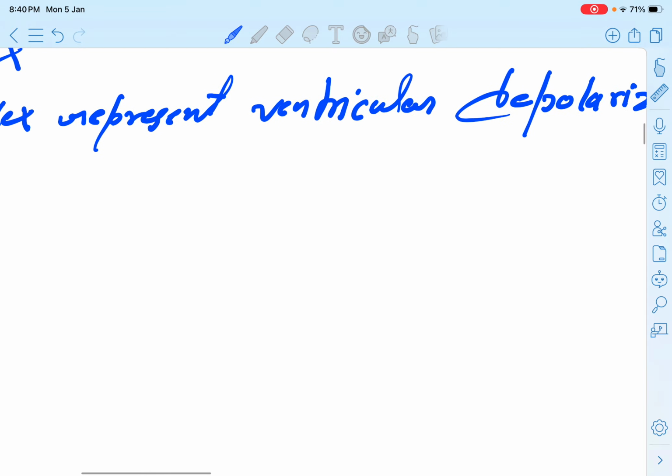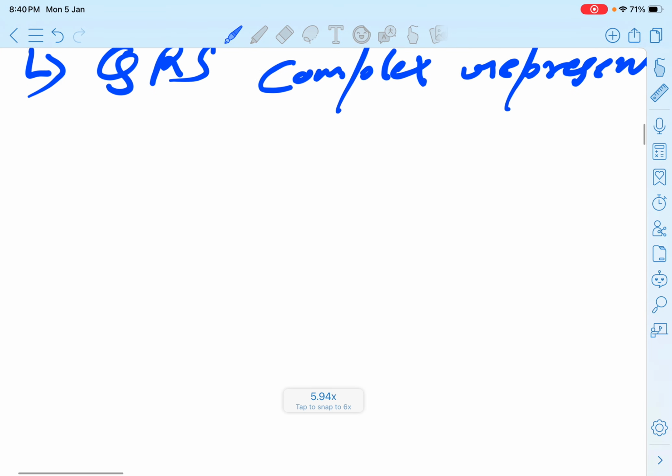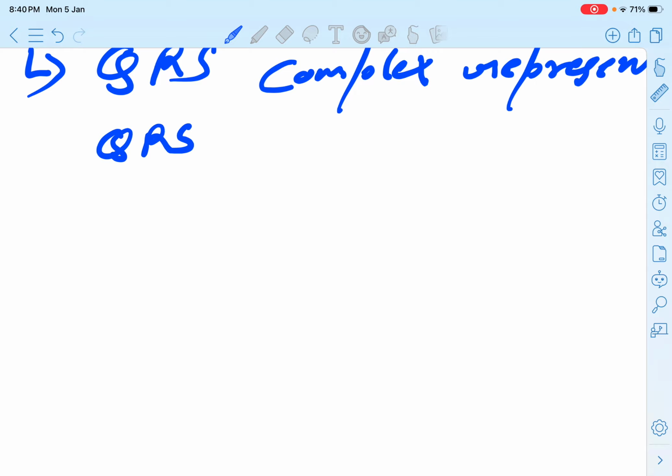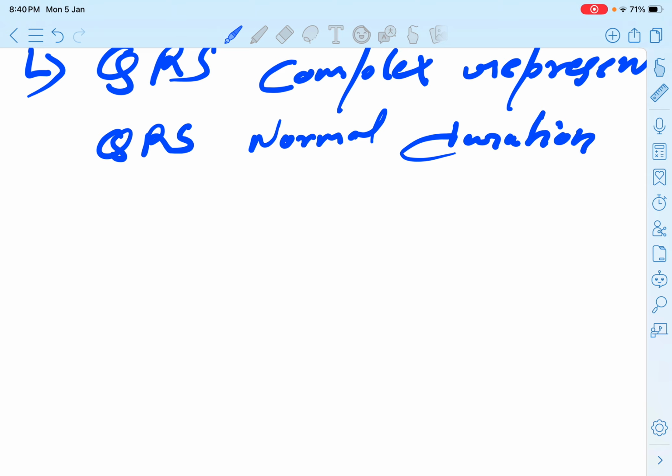Normal QRS duration. We will talk about what is the normal QRS duration. QRS normal duration, okay, is less than 0.12 second.